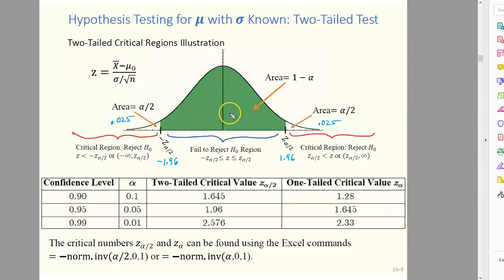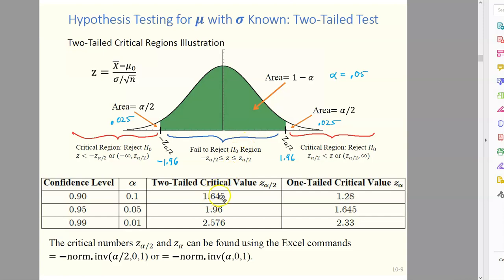And you see if you add these two areas up, you get our significance level, which in the development of the hypothesis test, we used 0.05. And so that's how the 0.05 is related to the area in the two tails. And in this case, we have a two-tailed hypothesis test.